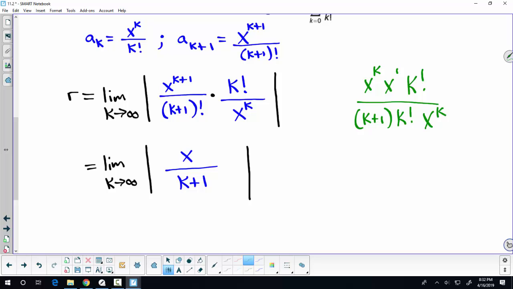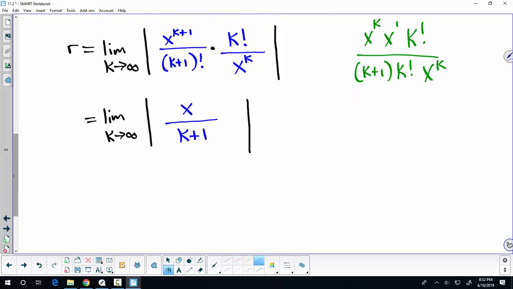Factorials go away, x to the k goes away, x to the first, x over k plus 1. So here, k is approaching infinity. There's no need for the absolute value around k plus 1. It's always a positive quantity. The limit only operates on k. So keeping that in mind as well.